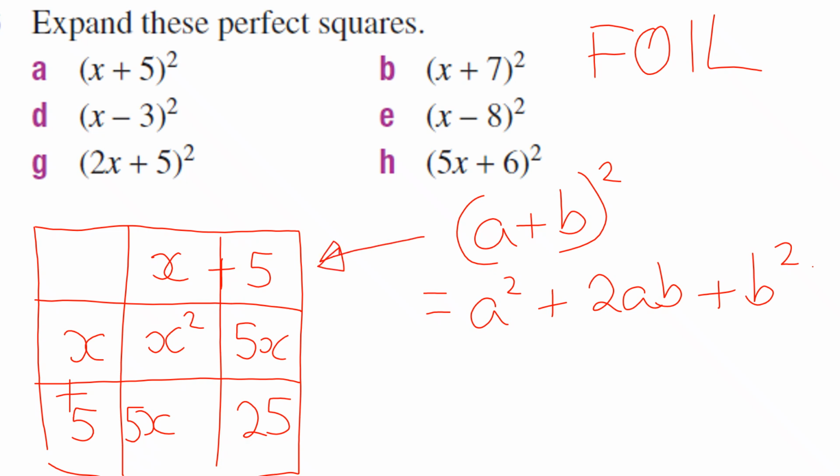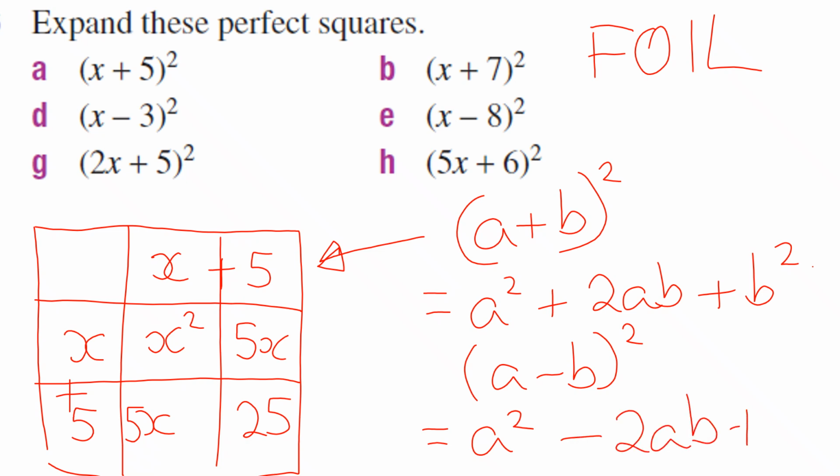We've got x squared plus 5x plus 5x plus 25. If we have a negative in our perfect square like this, we'll get a squared minus 2ab plus b squared. So you want students to recognise these patterns.